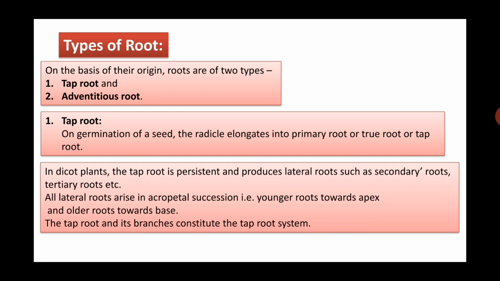In dicot plants, the taproot is persistent, that is long-living, and produces lateral roots such as secondary roots, tertiary roots, etc. All lateral roots arise in acropetal succession, that is younger towards apex and older towards base. The taproot and its branches constitute the taproot system.